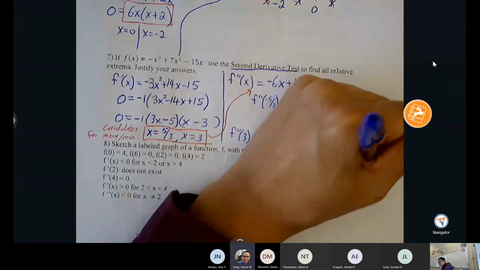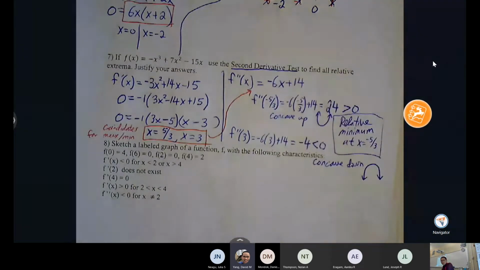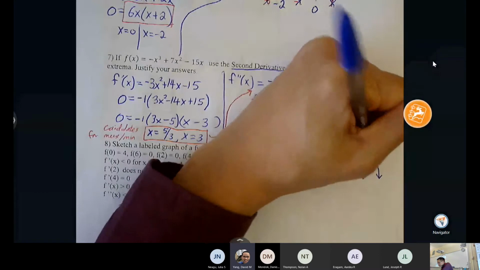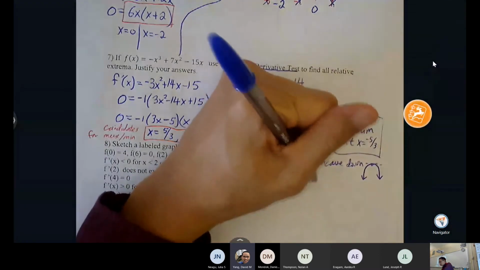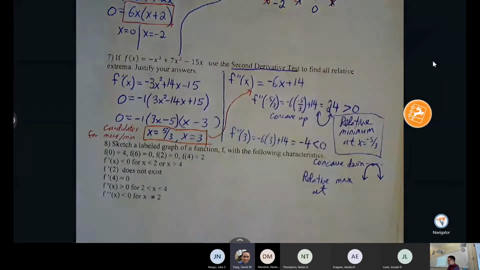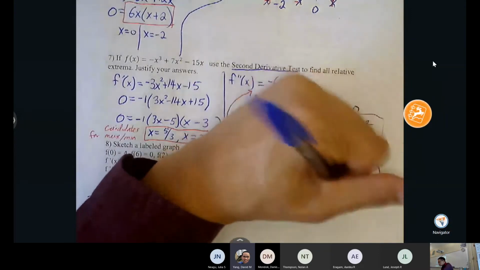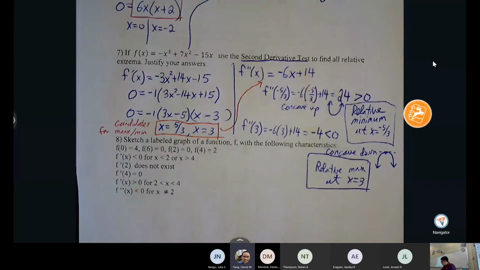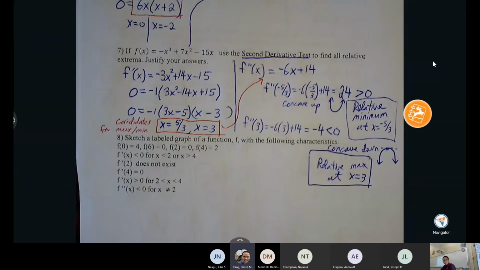If you picture what concave down looks like, the only place on this graph with slope 0 is here, and that is obviously a relative max. Hey, any questions here?